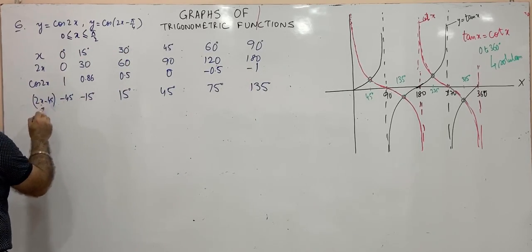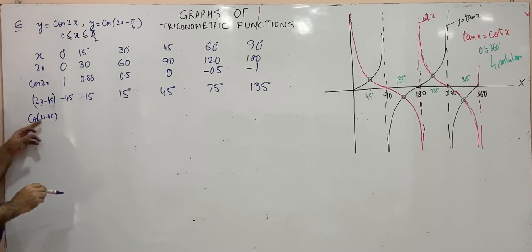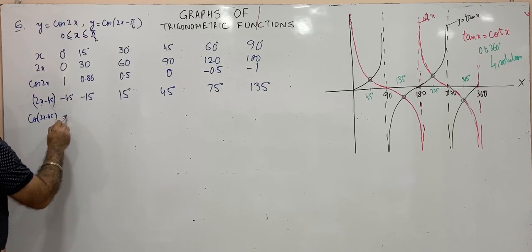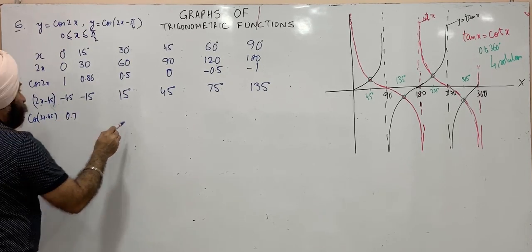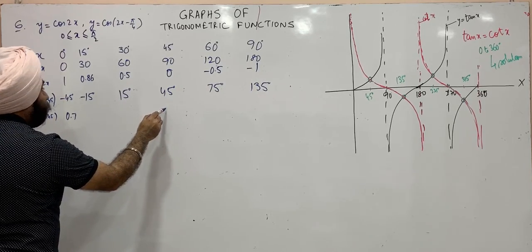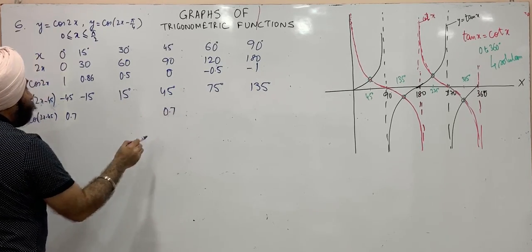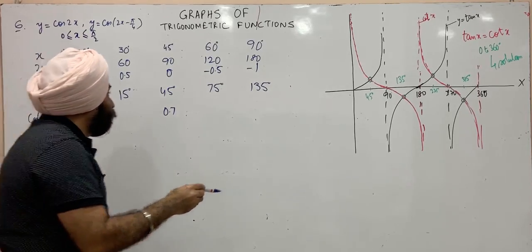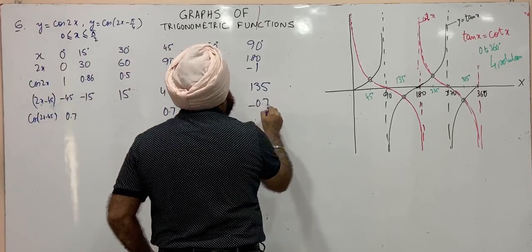Then for 2x minus 45, cos of minus 45 is the same as cos of 45, that's 0.7. Again this value, cos of 45 is 0.7, cos 75 we will evaluate, cos of 135 is minus 0.7.